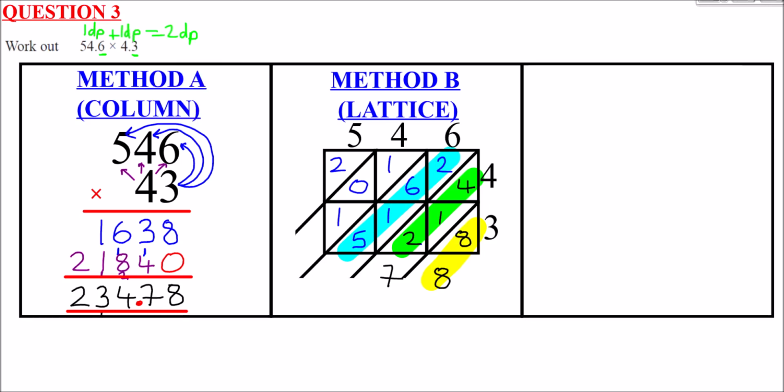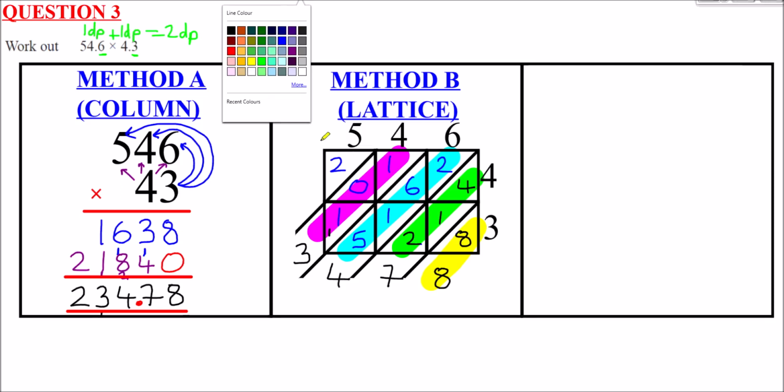So then we write down the 4, we carry an extra 1 along to the next column, like so. So that 1 doesn't mean 11, it just means an extra 1 we're going to add on, okay? So this one now, 1 plus 0 plus 1 plus 1, that's going to give us 3. And lastly, just at the top, we've just got the number 2 on its own. So that is simply 2.